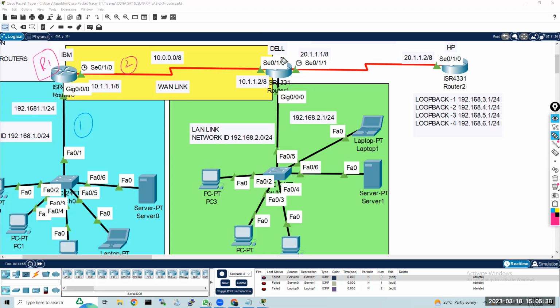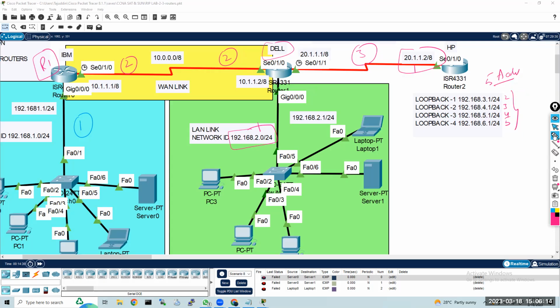In router 2, my Dell router, I have to authorize network 1, network 2, and network 3. In the HP router, I have to authorize networks 1, 2, 3, 4, and 5. Totally 5 networks I should authorize.